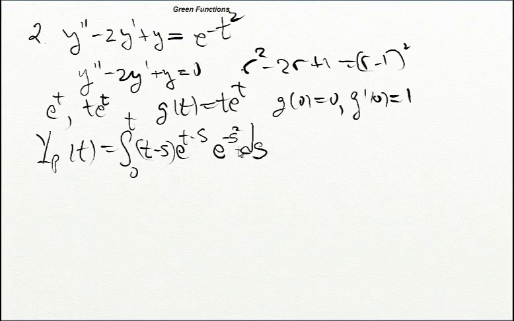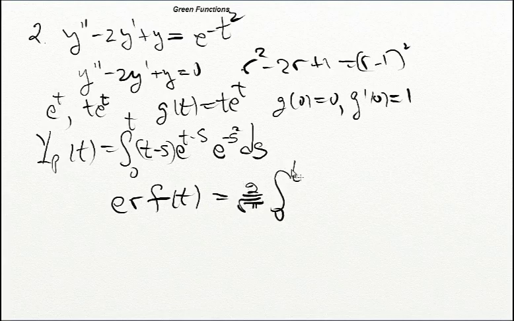Now that's a nasty integral, not one that you can evaluate in terms of elementary functions, but you can evaluate it in terms of a rather well-known special function known as the error function, usually denoted erf of t, which by definition is 2 over the square root of pi, a normalizing factor, times the integral from 0 to t of e to the minus s squared ds.